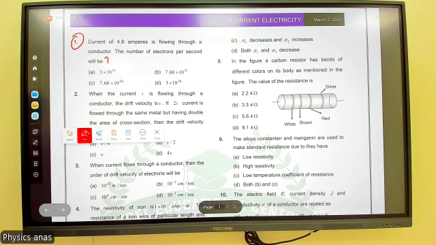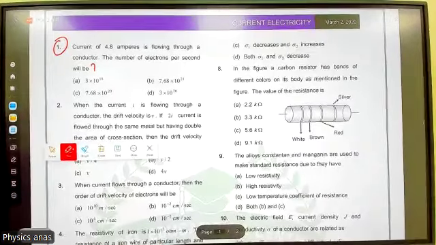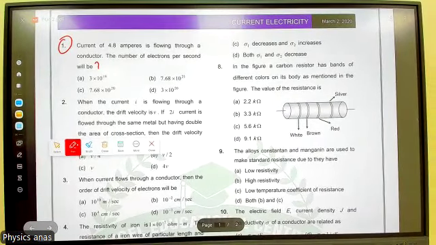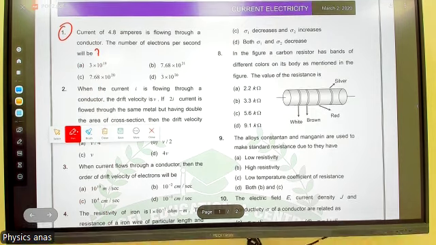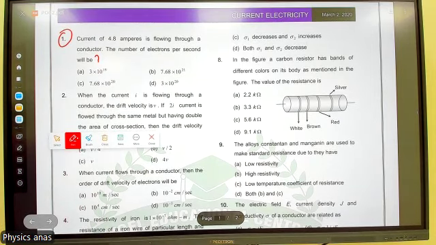Which equation will you be using? Amina, Neha, when you get the answer, just type that in the chat box.